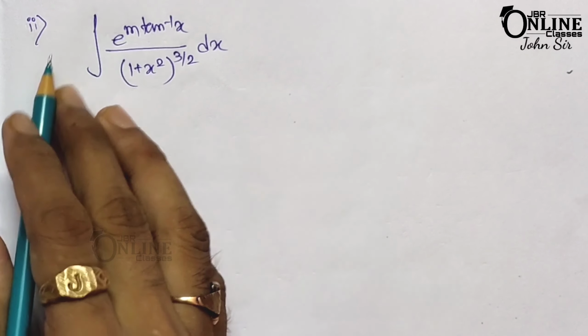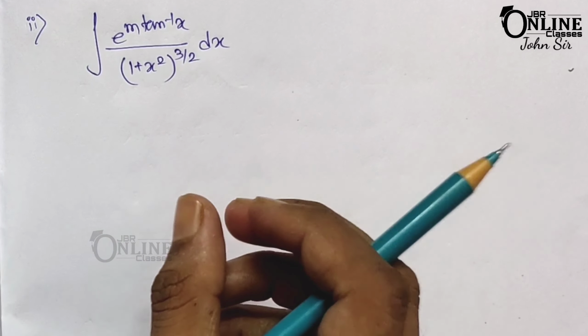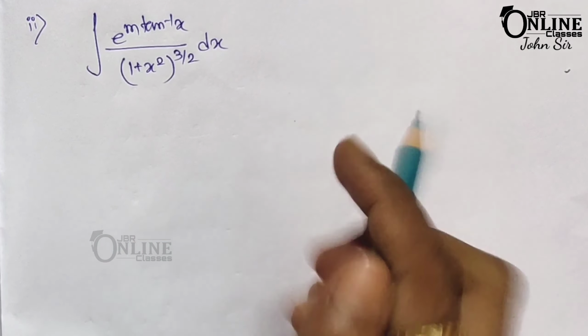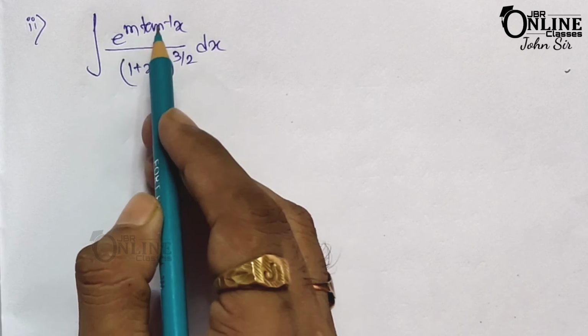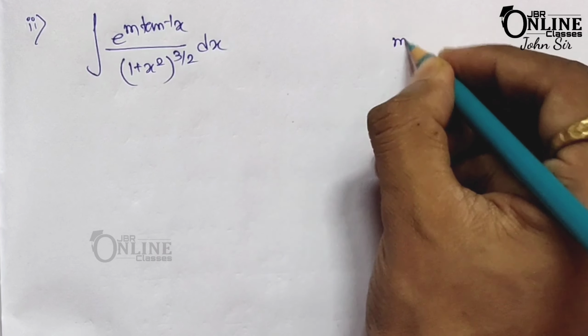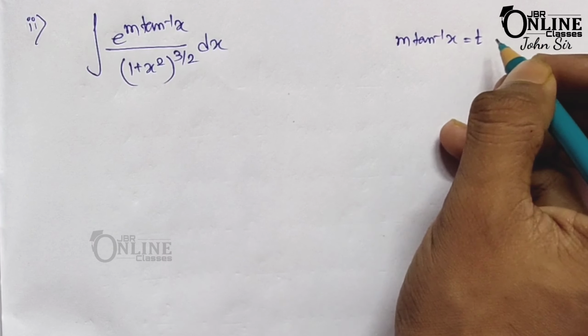Now sum number 21(2). So this is one of the most important problems, so please observe it very carefully. So integration e to the power m tan inverse x by 1 plus x square whole to the power 3 by 2 dx. So first let m tan inverse x equal to t.